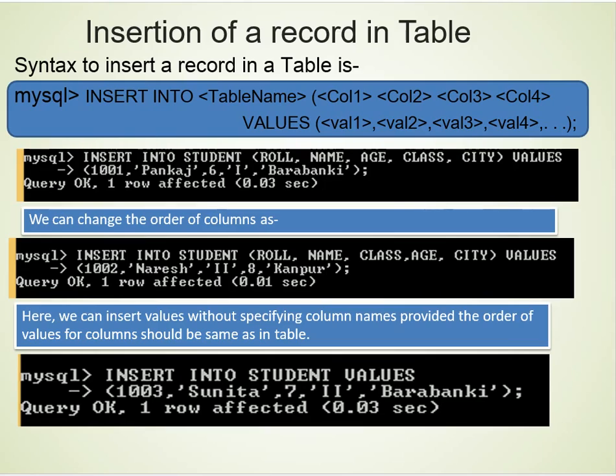Then you will press enter. Query OK means your record has been successfully inserted. Another record we can insert here: the same command, insert into table name student, then field names roll number, name, class, age and city, values keyword, the corresponding values are 1002, years, 11, class 8, city Kanpur.